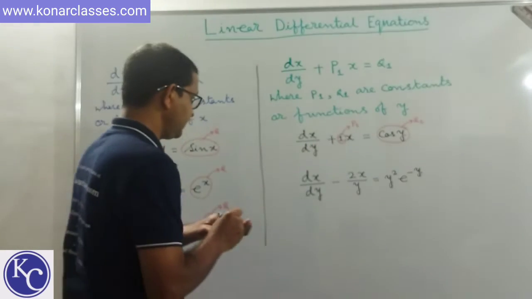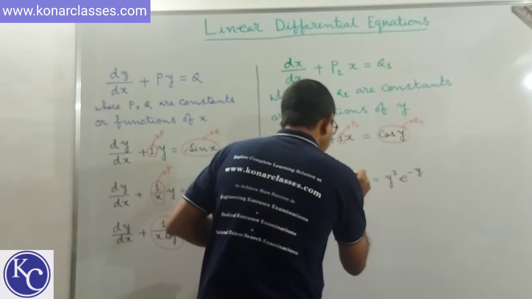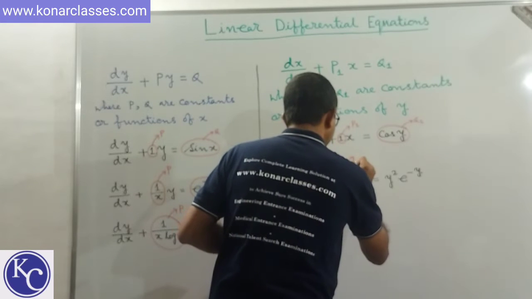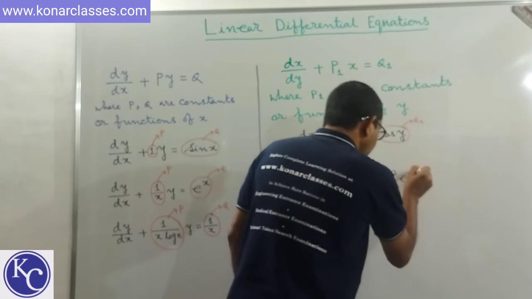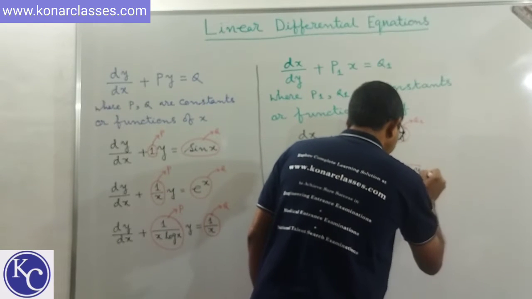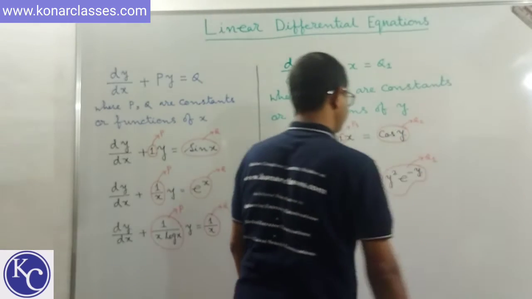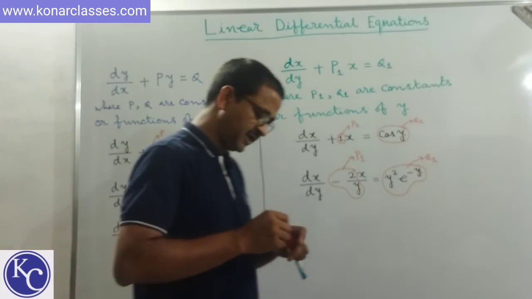In this case, we can see, dear students, that minus 2 by y is as if p1, a function of y, and y square into e power minus y is as if q1, a function of y. Correct? We have seen enough examples in both the categories.